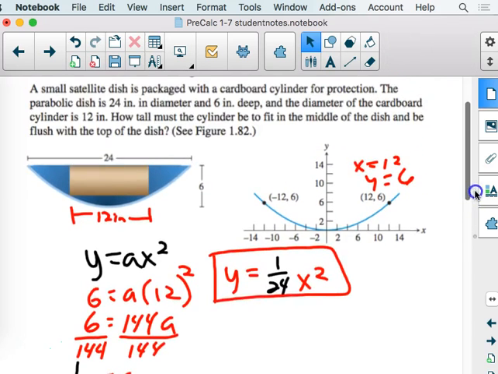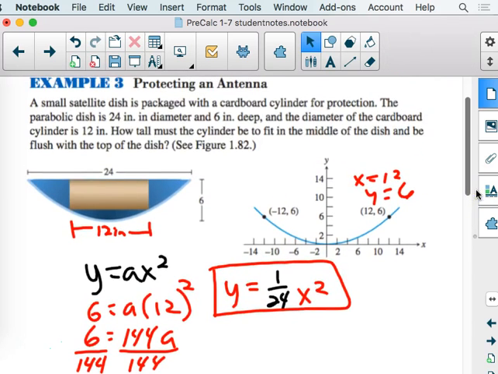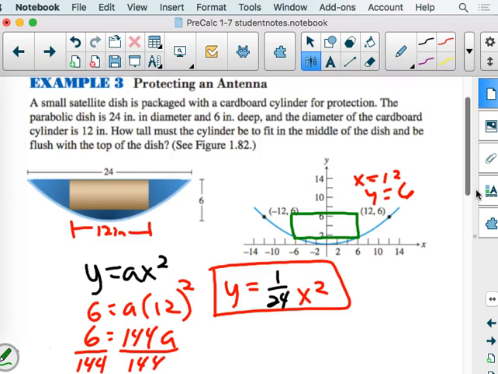So, what did they want us to do? They want us to place that cardboard cylinder in the middle of this. And again, best placing would be that cylinder is 12 inches across. It would be making sure that we have 6 units here and 6 units here, splitting that right down the middle as well to give us some easy placing.